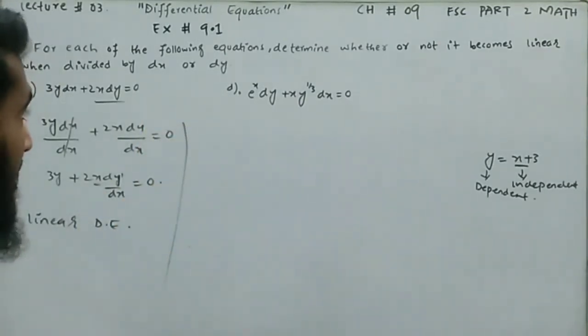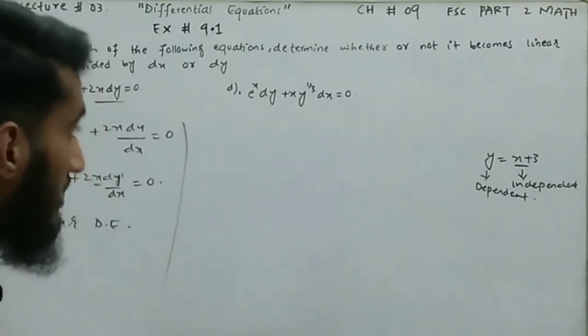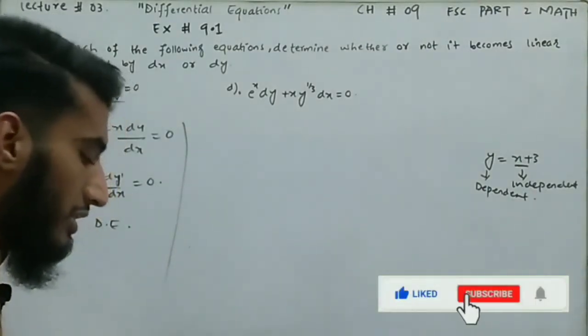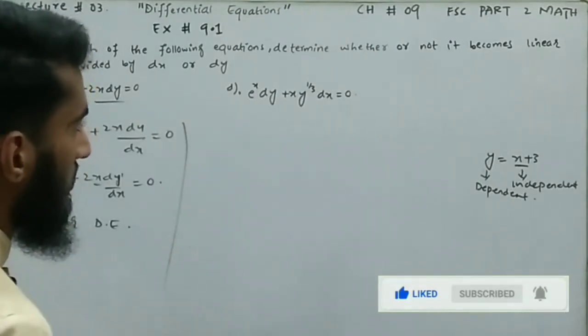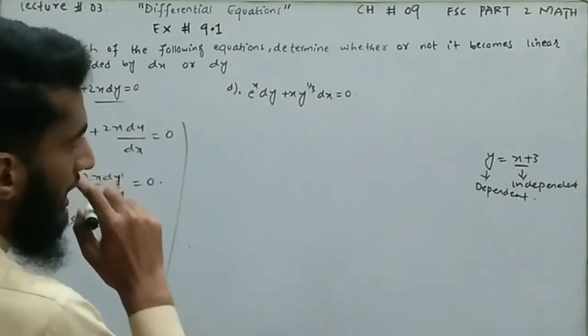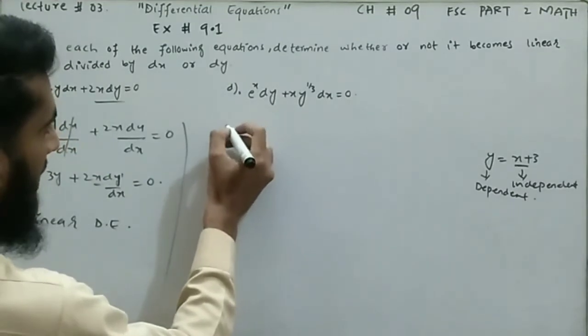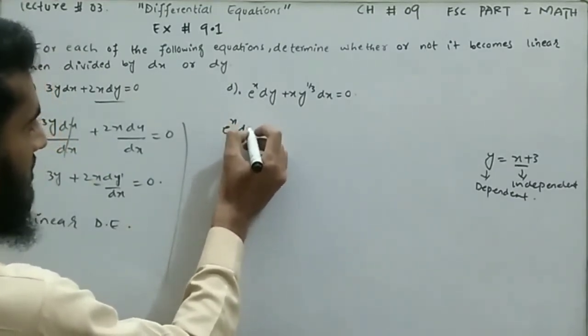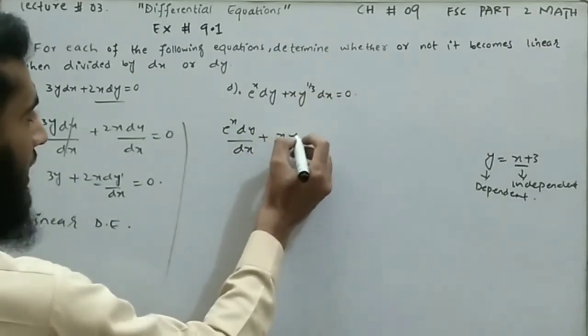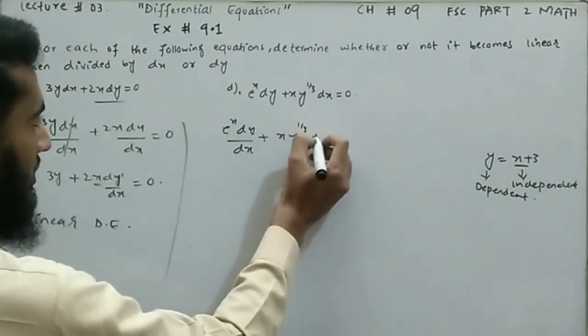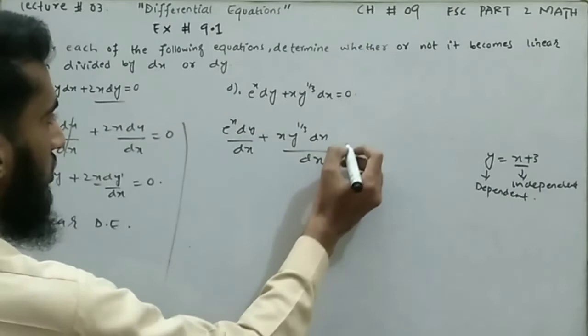Now solving the last part of today's lecture, the last part of question number 3. This also came in the previous ETEA papers of the engineering test, mathematics portion. So this is a very important part. So over here I divide this whole differential equation with dx. So it becomes e power x dy divided by dx, and also divide this term with dx: x y power 1 over 3 dx divided by dx is equal to 0.